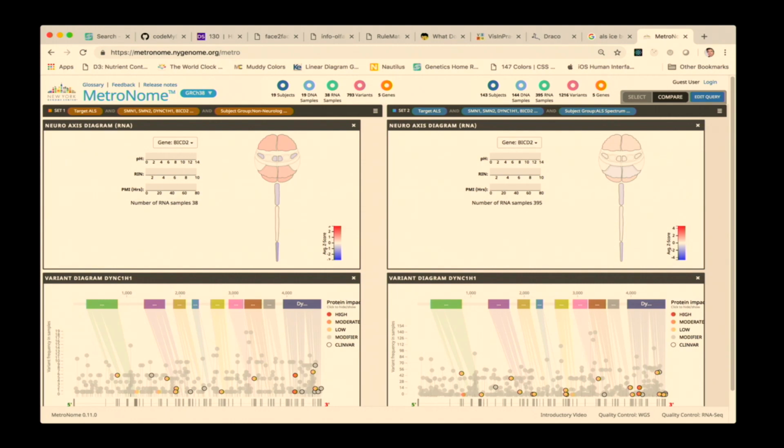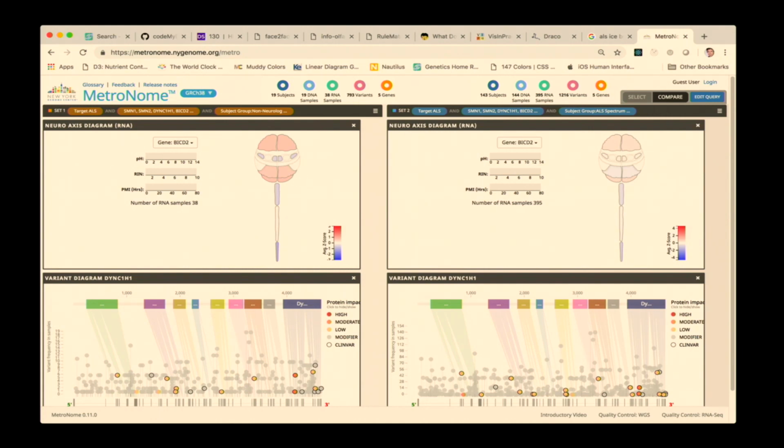You have all that summarized up here also. So there's 793 variants in the healthy controls versus 1,216 in the people with ALS.